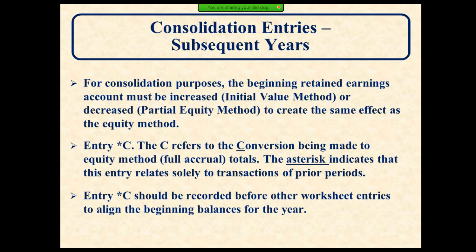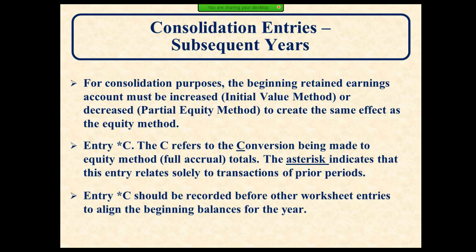Entry C, which only occurs after the year of acquisition. The conversion is what C stands for. It's being made to equity method full accrual totals. So this is primarily related to transactions of prior periods.